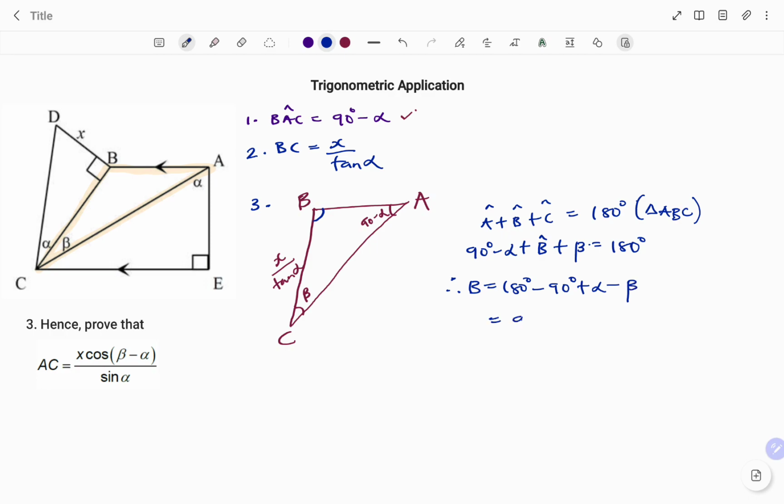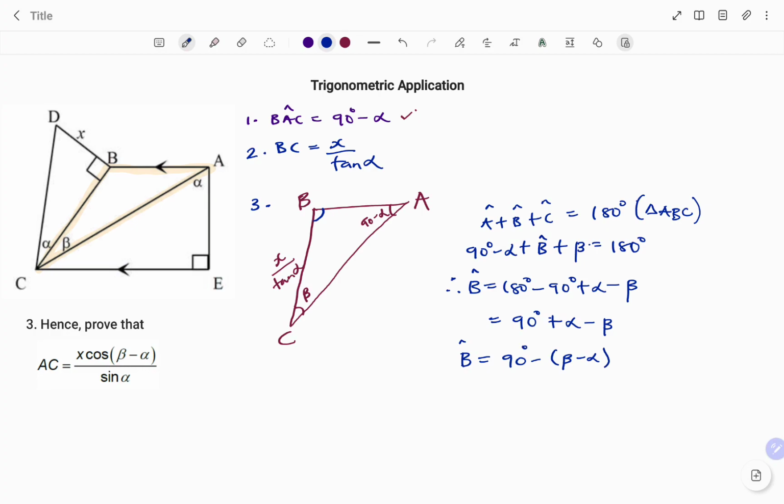That will be 90 degrees plus alpha minus beta. If I rewrite that, angle at B equals 90 minus beta minus alpha. The signs will change.